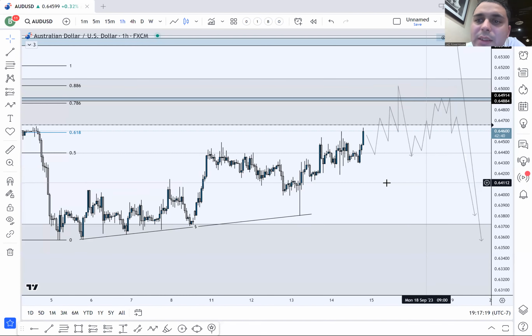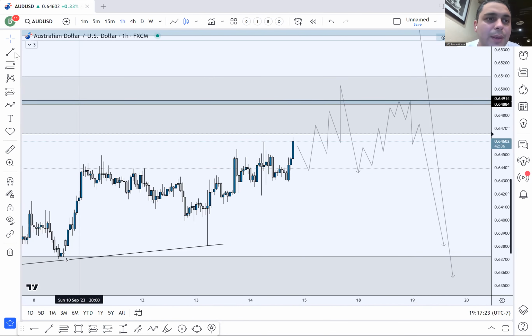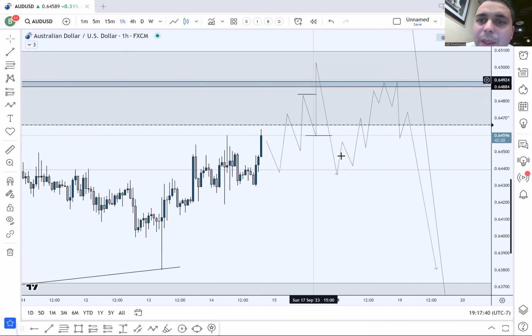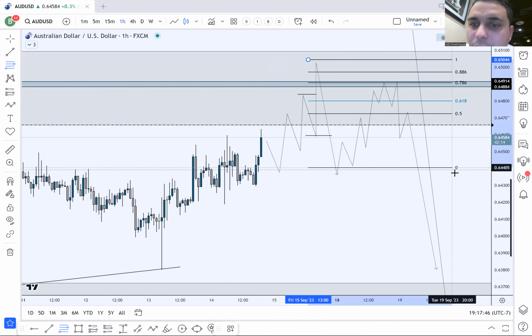So on a fractal basis, once we get that shift of character, which will happen like this, right? This will be the sweep of liquidity to the buy side. And then we're going to wait for that change of character, right? So once we get that last high taken out and then the market immediately moves to the downside, that's when we'll look at this bearish range and drop our fib from that high all the way down to the low it created.